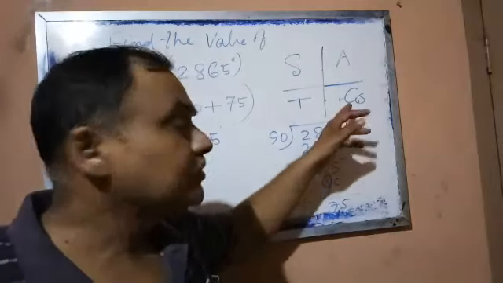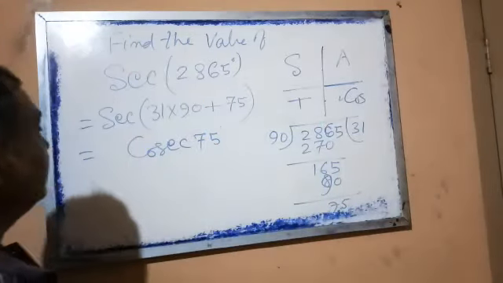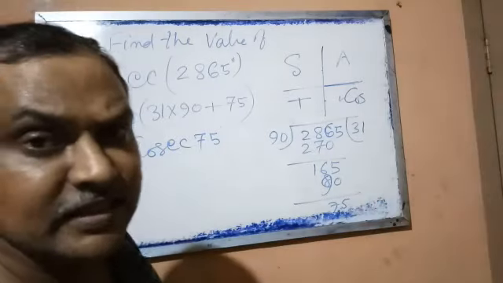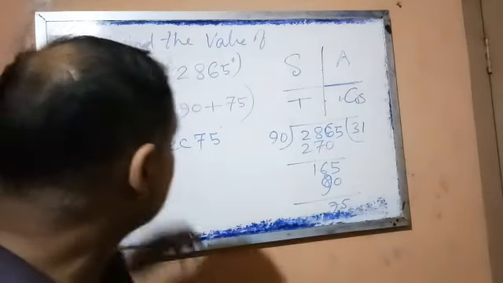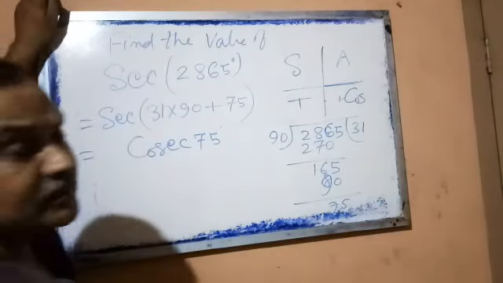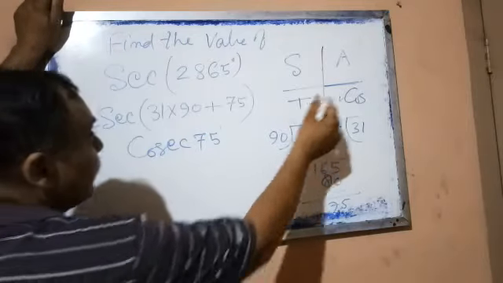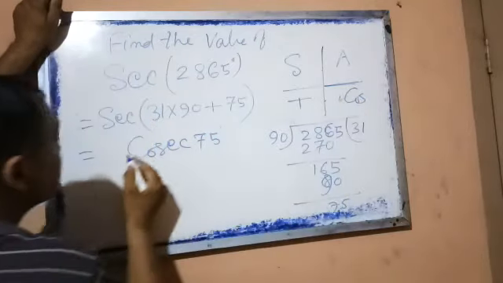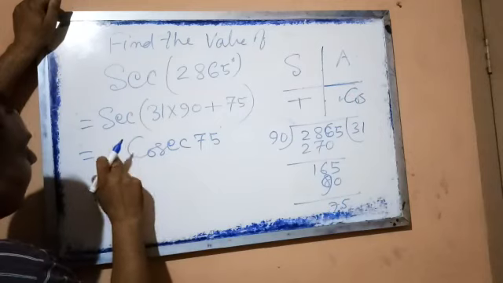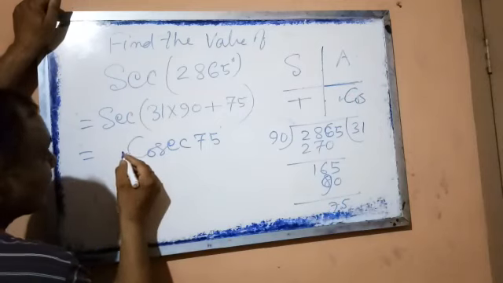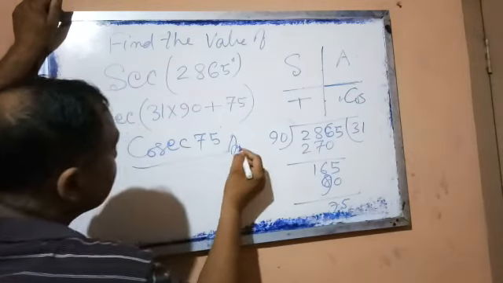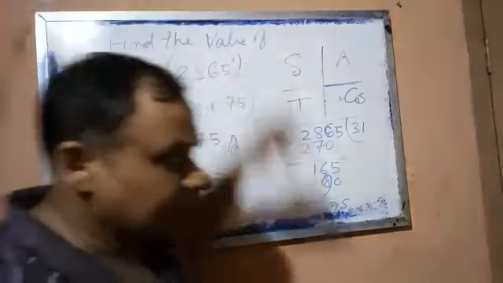Cos reciprocal is what? Sec. Okay? So in reciprocal, the value changes, not the sign. So if cos is positive, sec will also be positive. So what sign comes here? Plus sign will come here. So final value is cosec 75 degree.